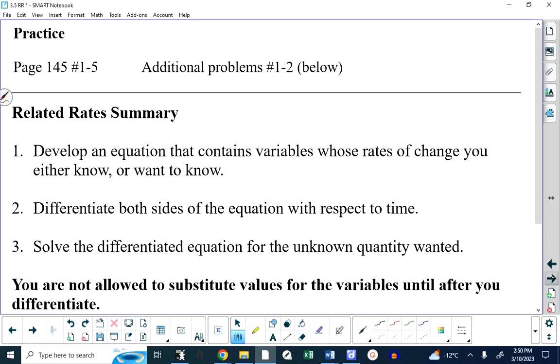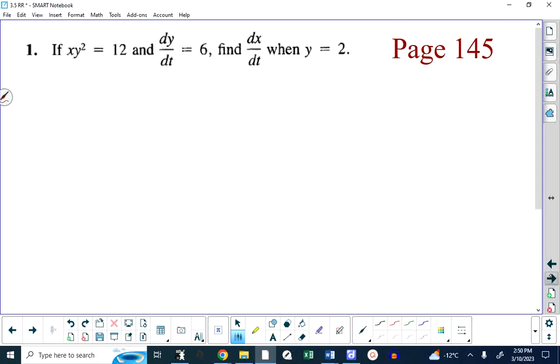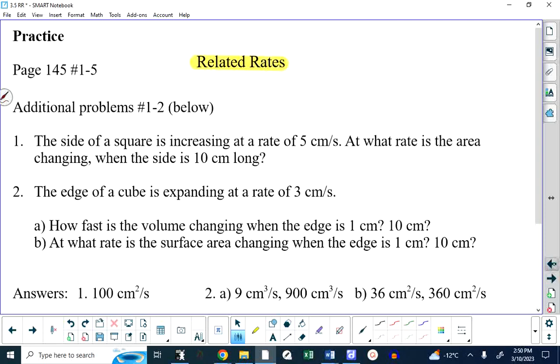You're developing an equation that contains variables whose rates of change you either know or want to know. So for example, if I take a look at this question, the side of a square is changing at a certain rate. That's a rate of change. What is the rate of change of the area?